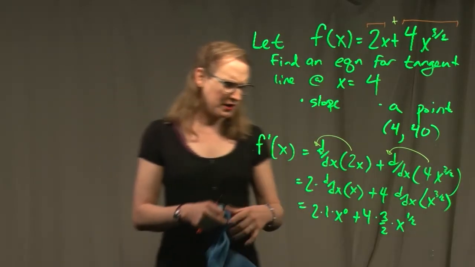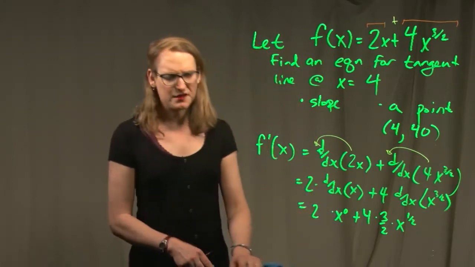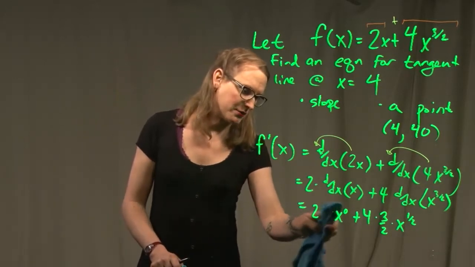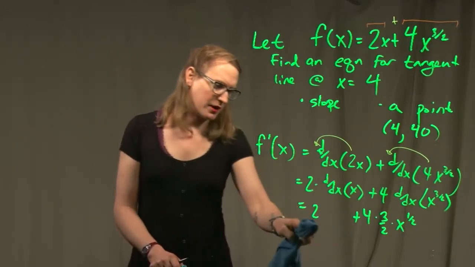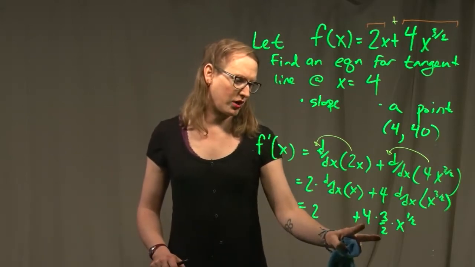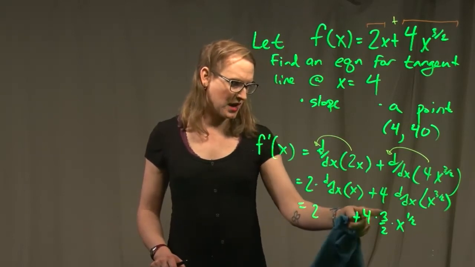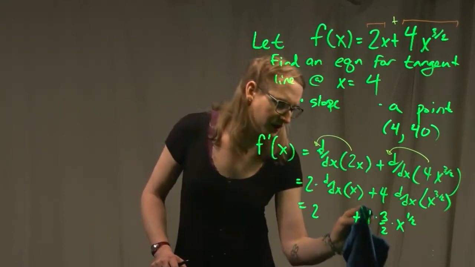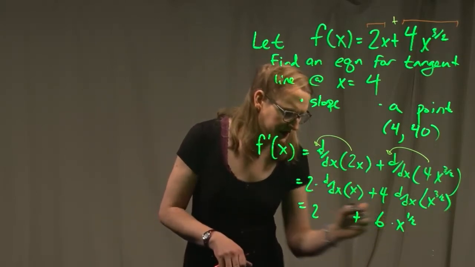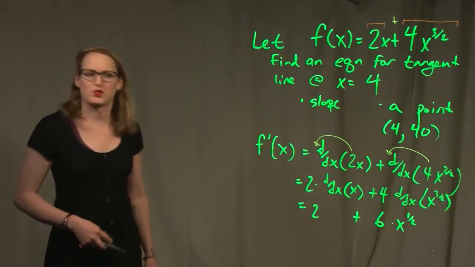So I've got a 1 here, I might as well not multiply by that 1. X to the 0, oh, that's just 1, so I'm going to make that go away. So I've just got this 2. Cool. So now I've got 4 and 3 halves here, and they're going to turn into a 2 times 3, which is 6. So this number right here is 6. And then I'm going to leave that x to the 1/2 there. This is the square root.